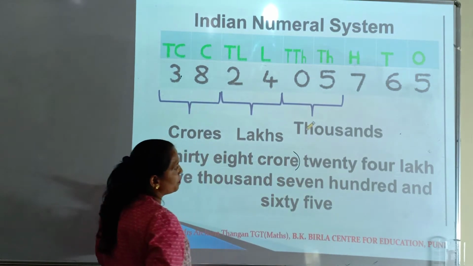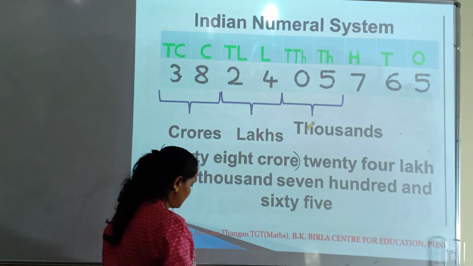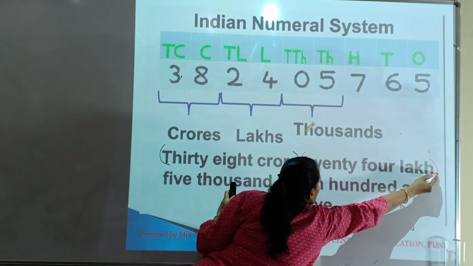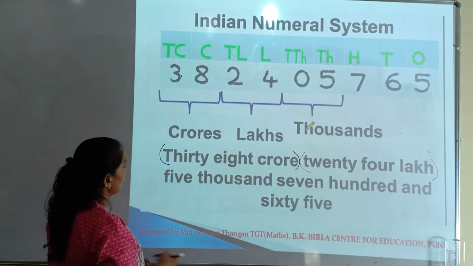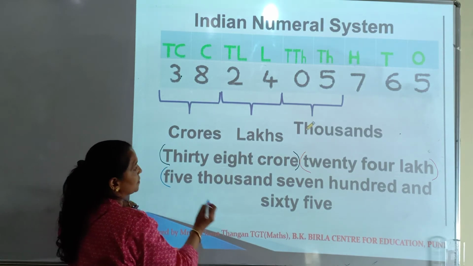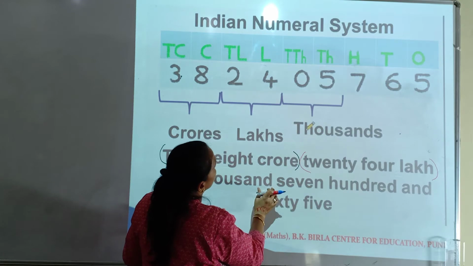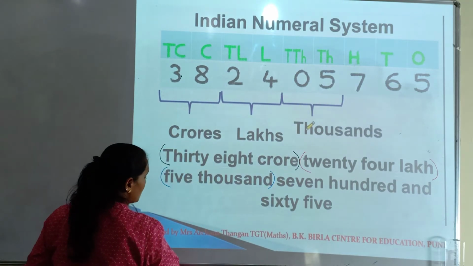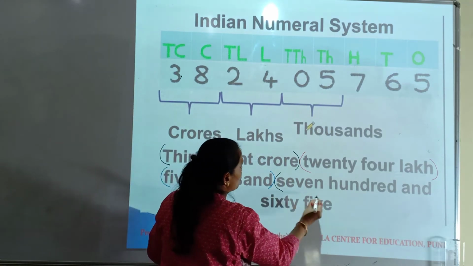This is the first group, this is the second group, this is the third group, and last is 700, the fourth group.